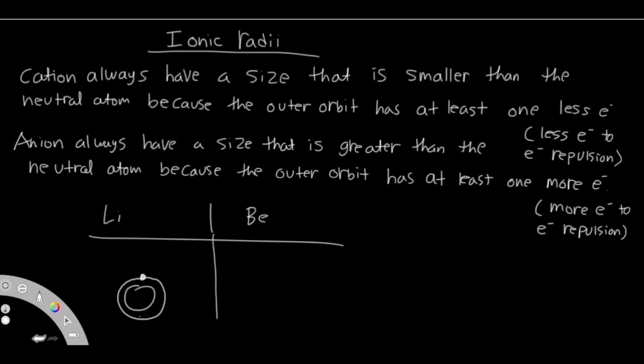Lithium, 1, 2, 3. 3 electrons. You gotta remember it's positively charged in there. Beryllium, again positively charged as well, always the nucleus. Beryllium has 4 electrons.